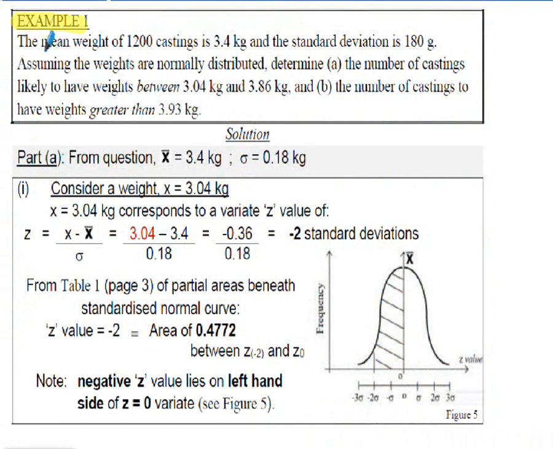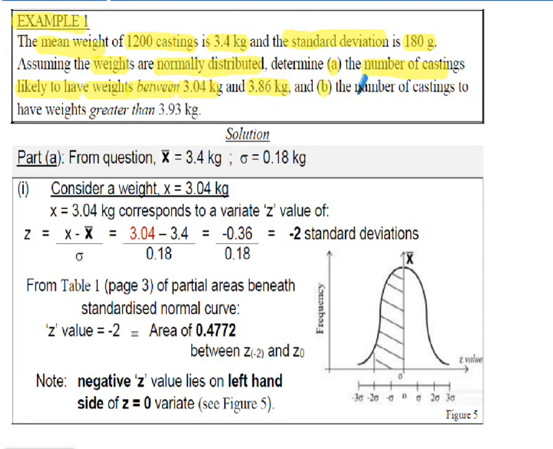Example 1. The mean weight of 1200 castings is given as 3.4 kilograms and the standard deviation is 180 grams. Assuming the weights are normally distributed, determine A, the number of castings likely to have weights between 3.04 kilograms and 3.86 kilograms.